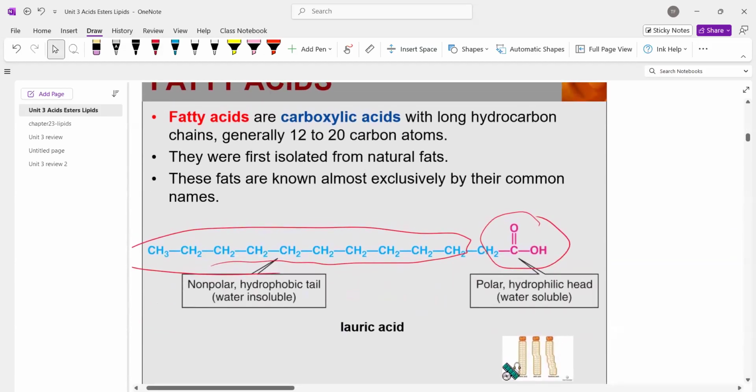Another class of carboxylic acids are called fatty acids. And these are really, really long. So they've got a carboxylic head, the COOH, and we're going to find carboxylic acids are very, very polar. And then they've got this long, non-polar tail.